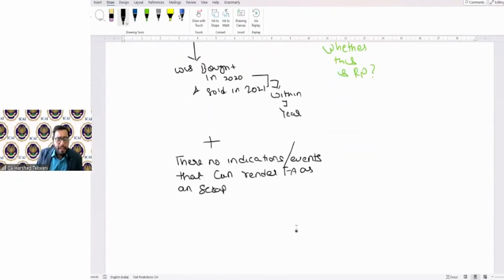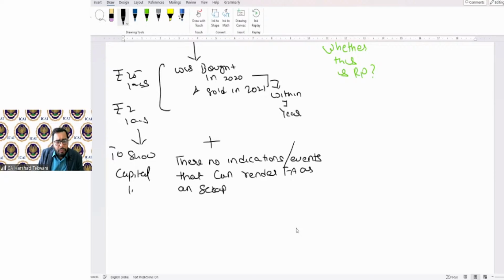Let's say, for example, the fixed asset was purchased at a high amount, let's say 25 lakhs, and sold at rupees 2 lakhs to show a capital loss. And that capital loss can be set off against any other income. Some sort of planning.